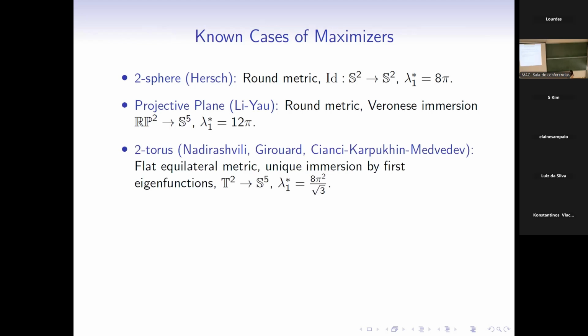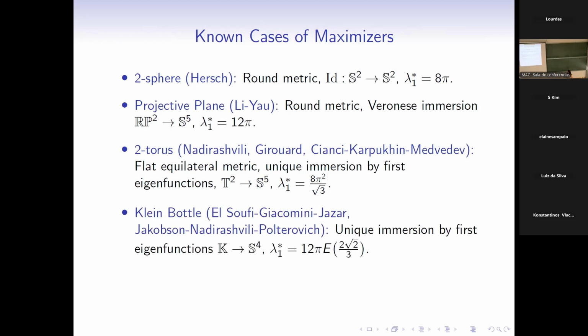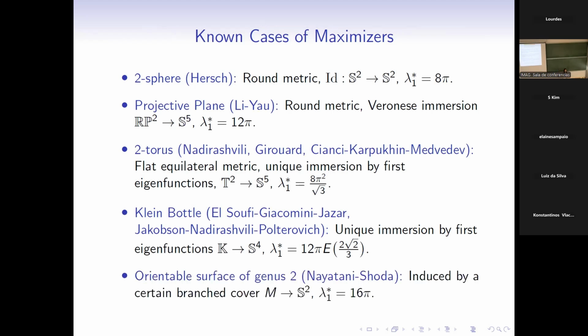For the case of the torus, from the work of Nadirashvili, Girouard, Karpukhin, and Medvedev, you conclude that the flat equilateral metric is the maximizing one. The case of the Klein bottle was done by El Soufi, Giacomini, Jazar, and also Jakobson, Nadirashvili, and Polterovich. And we also have that for orientable surfaces of genus two.